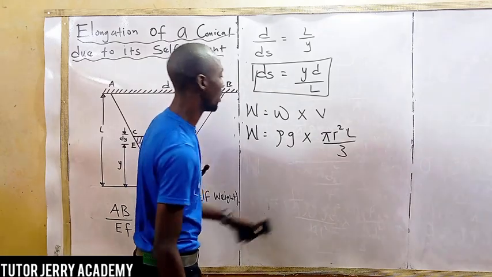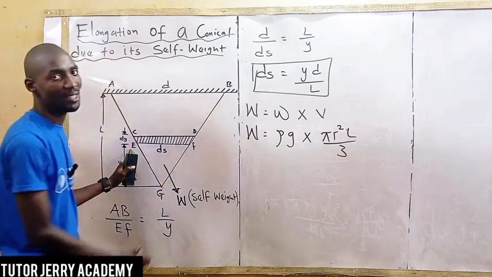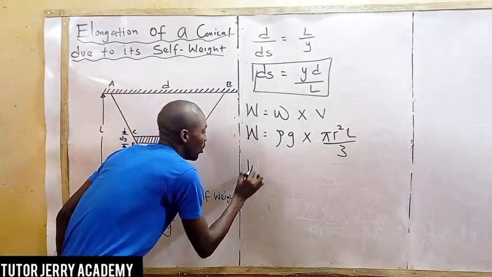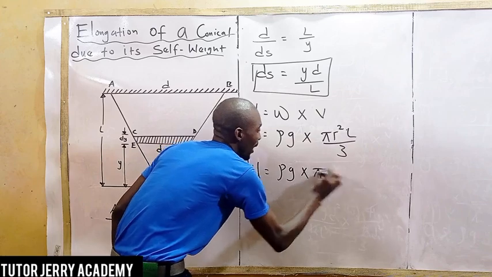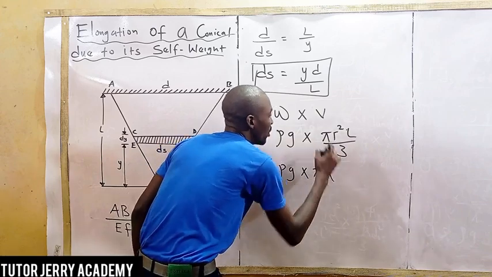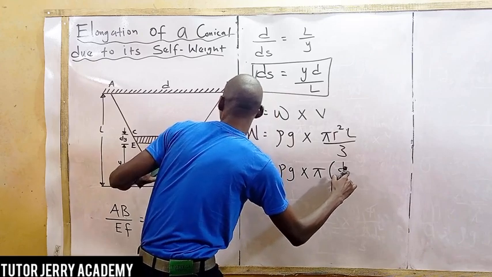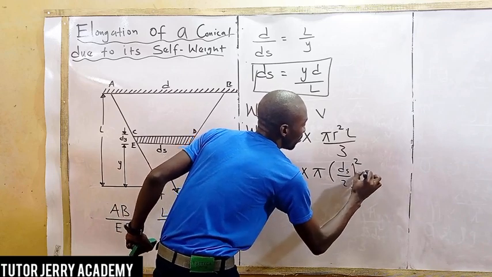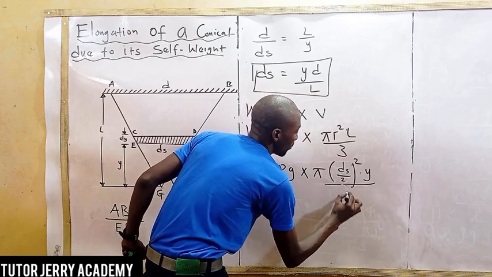The diameter of this differential element is S. So we have our weight equals density times gravity times pi times the radius, which is the diameter over 2, but we write the diameter in the form of S, so S over 2 all squared, multiplied by y over 3.